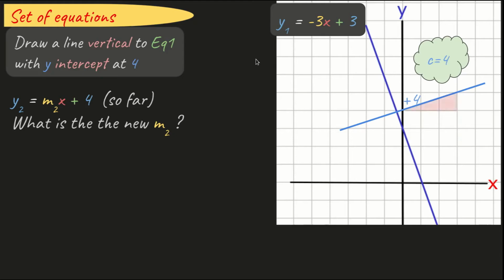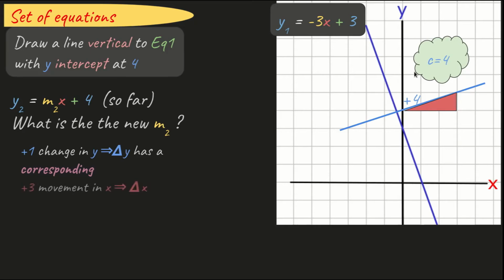Well, we can look at it. We've got our triangle, and we now see that if the line is drawn in any direction, we have a plus 1 change in y corresponding to a plus 3 change in x.